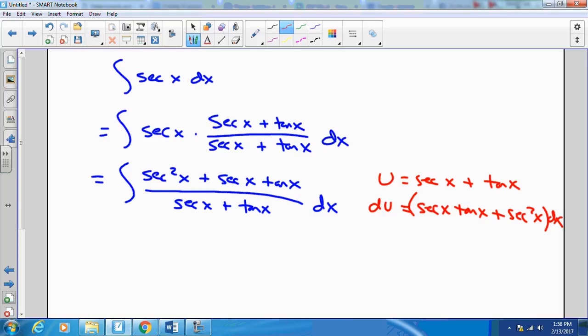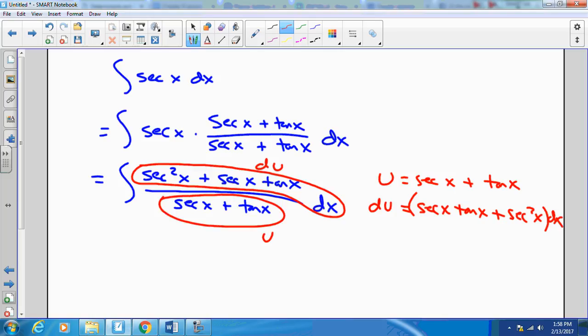And would you look at that? This right here is du. That right there is u. So I have a very complicated version of the integral of du over u, and I get the natural log of u. Wow. That's pretty wild. Would not have thought of that, but it makes a lot of sense.